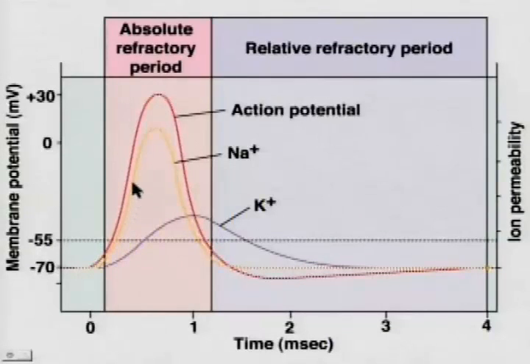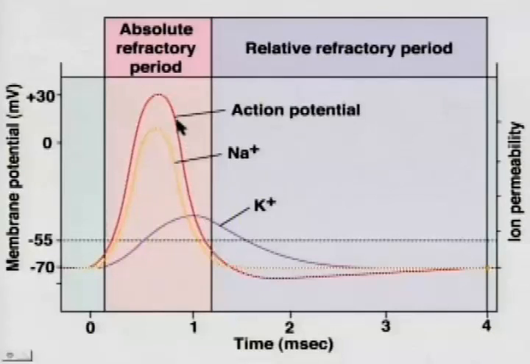So there is a tremendous increase in sodium permeability that decreases as the sodium channels have closed, and it corresponds with the rapid rising phase and the peak of the action potential. Decreasing sodium permeability and peaking potassium permeability, of course, correspond to the rapid repolarization and contribute to the hyperpolarization.